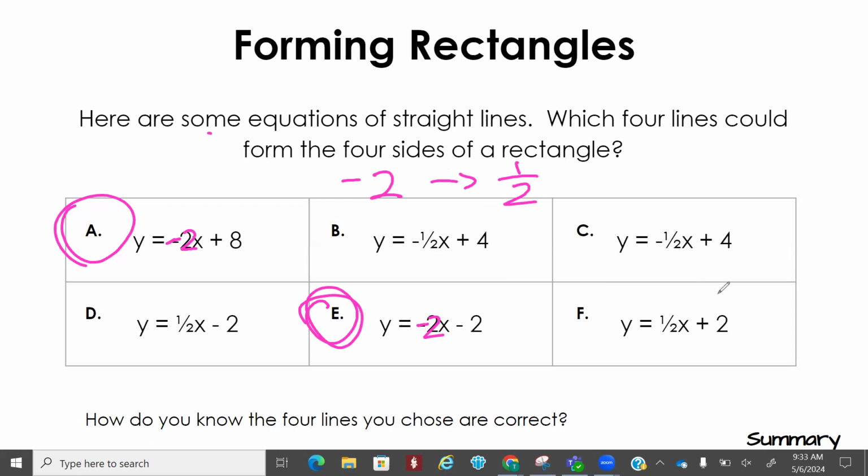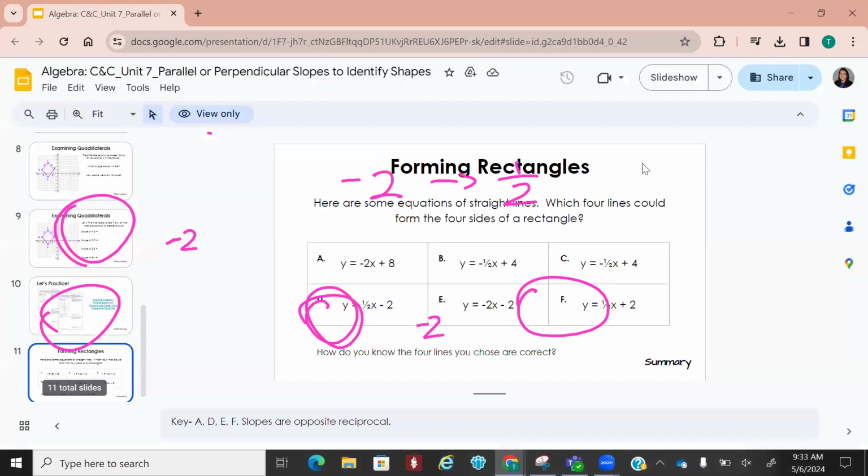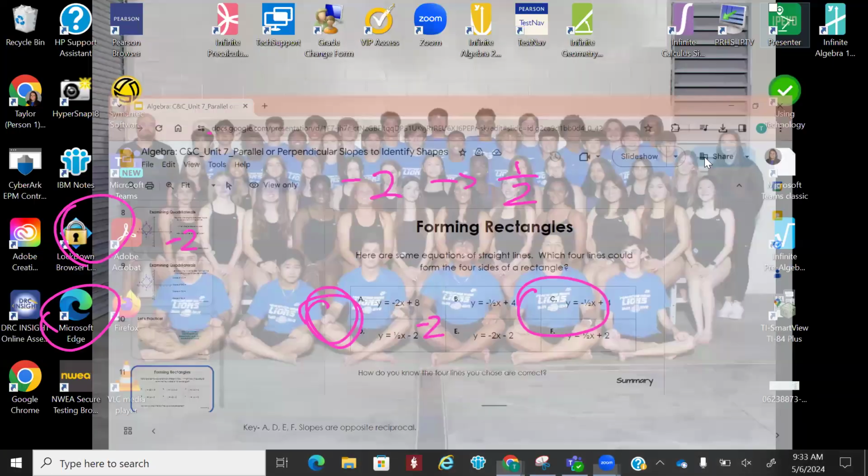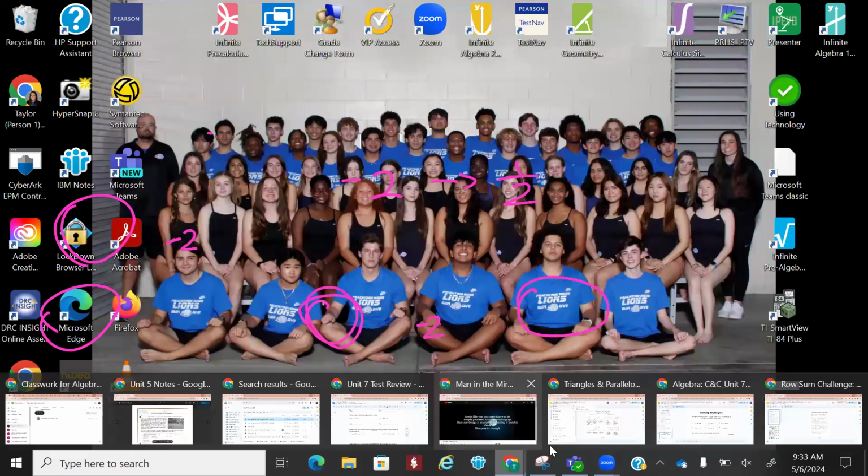So which one has a positive 1/2 as the slope? F and D. So those would be the 4 equations in order to make a rectangle. Everybody see it?